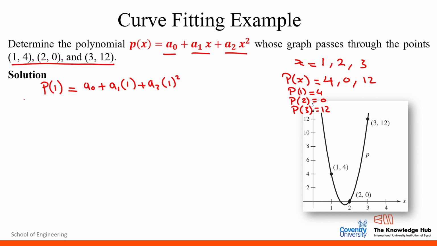So here we can substitute with 4. And then the next one would be a naught plus 2 a1 plus 4 a2 equals 0. And the third one would be 12 equal a naught plus 3 a1 plus 9 a2.